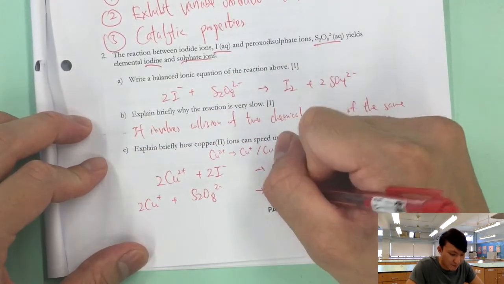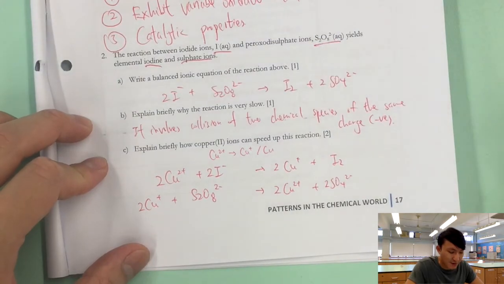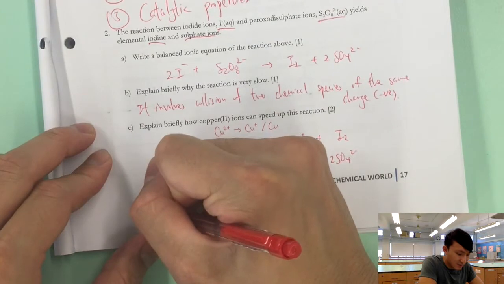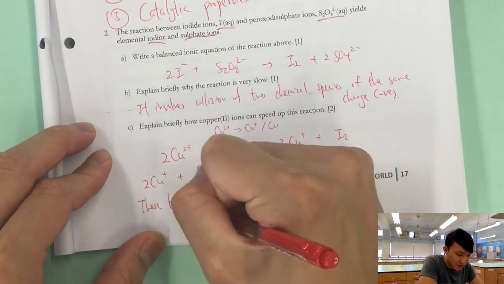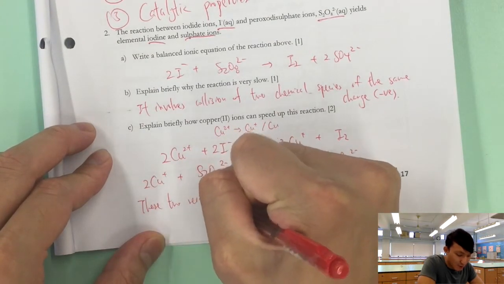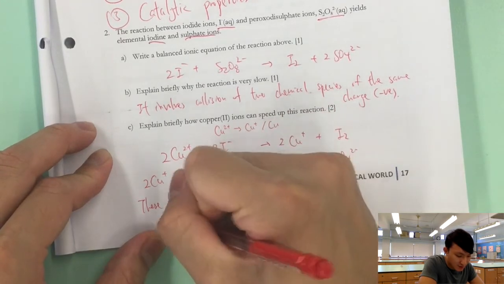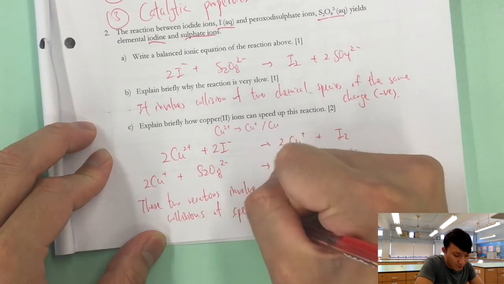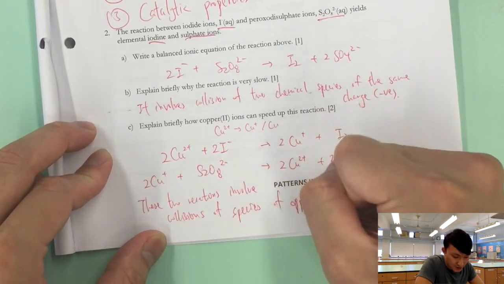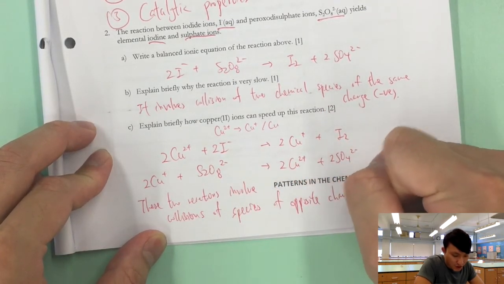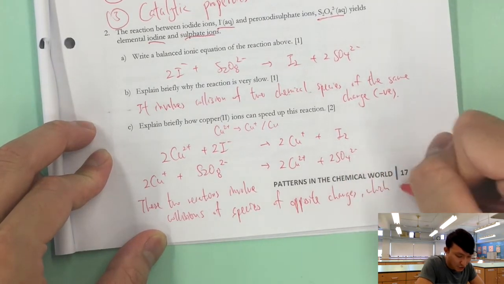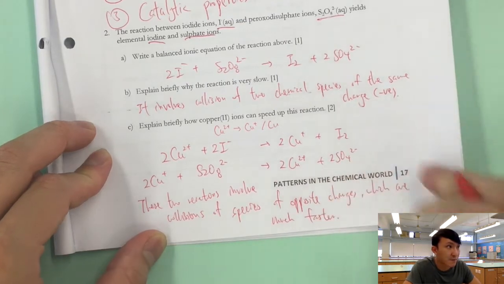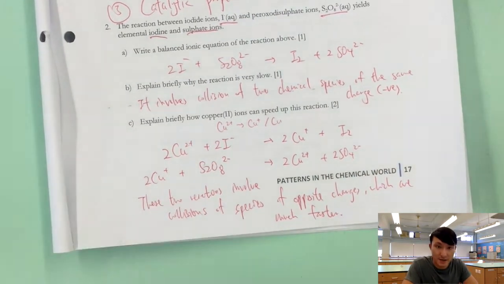Then you see these 2 reactions involve collision of species of opposite charges, which are much faster. So that's the idea.